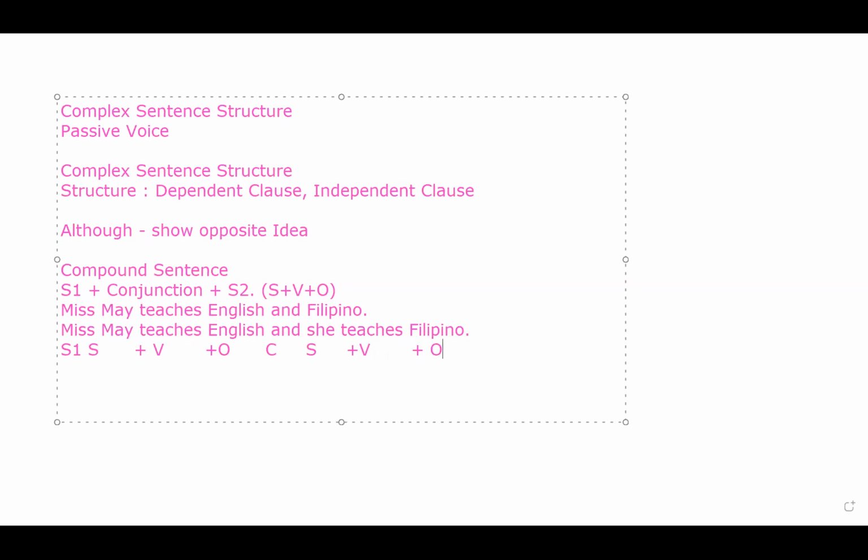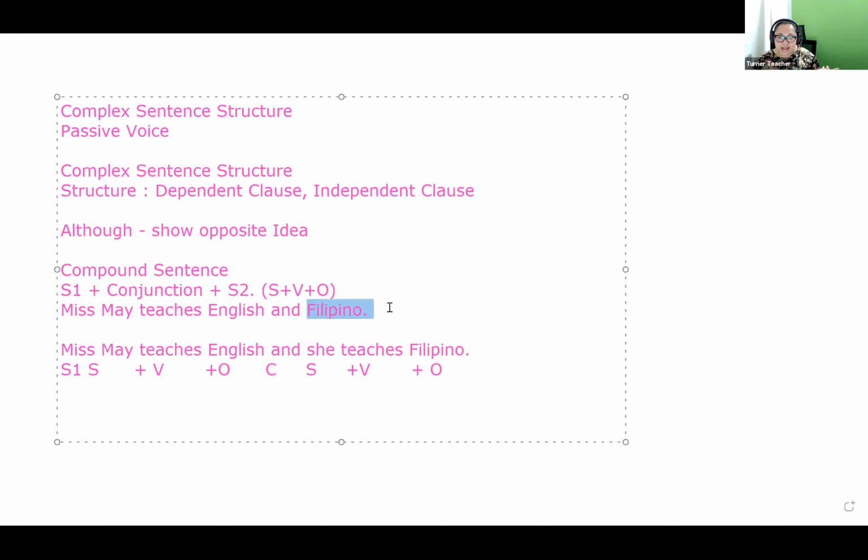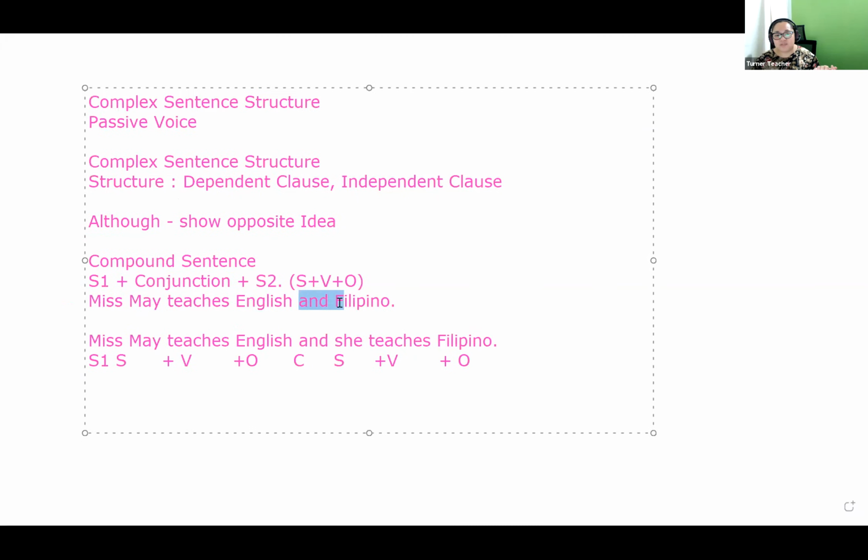Good. So this is a compound sentence because it's a combination of two sentences that are joined by a conjunction. But the first one is not, because in the last bit, there is no subject and verb. It's just an object. So a lot of people, just because there's and, it doesn't mean that it's a compound sentence.